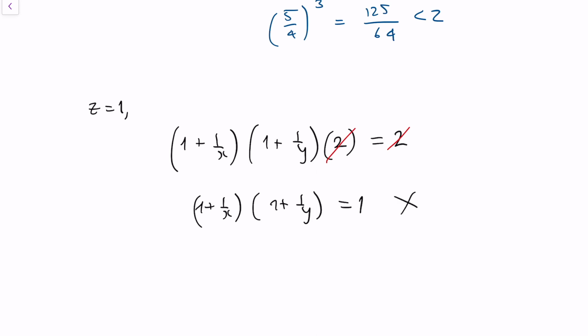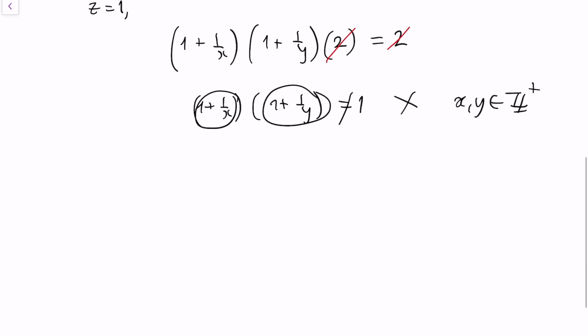Well, that's impossible, since x and y are positive integers. We will be multiplying two quantities, both bigger than 1, and it will never equal 1. So for z equal to 1, there is no solution.